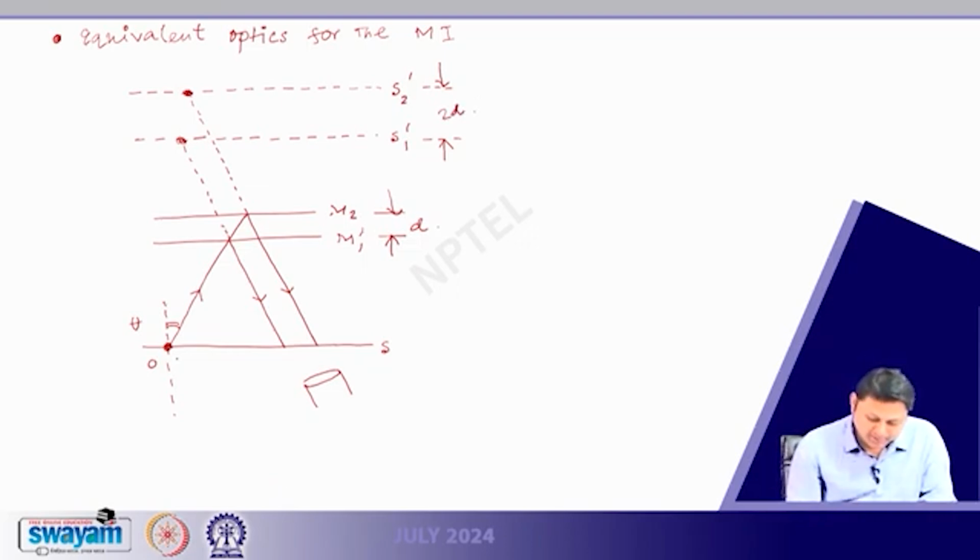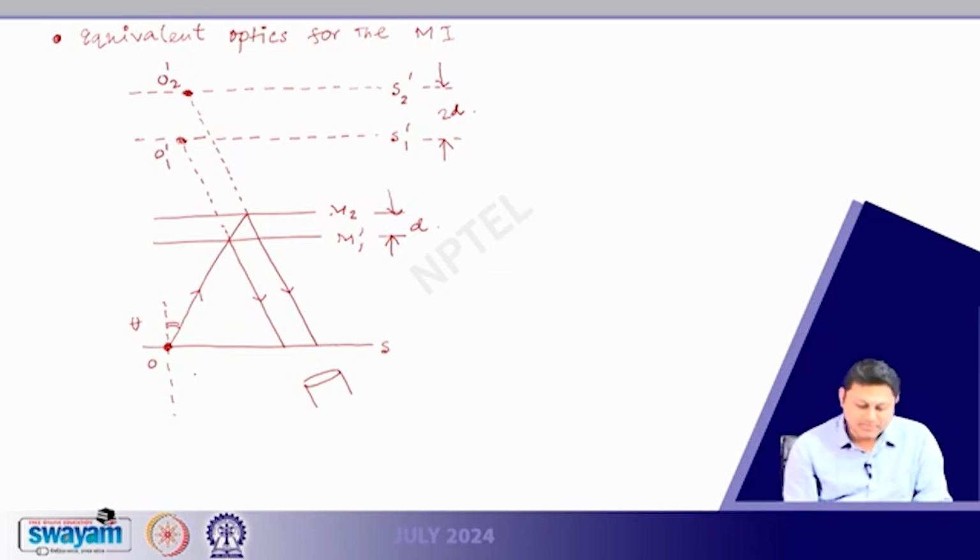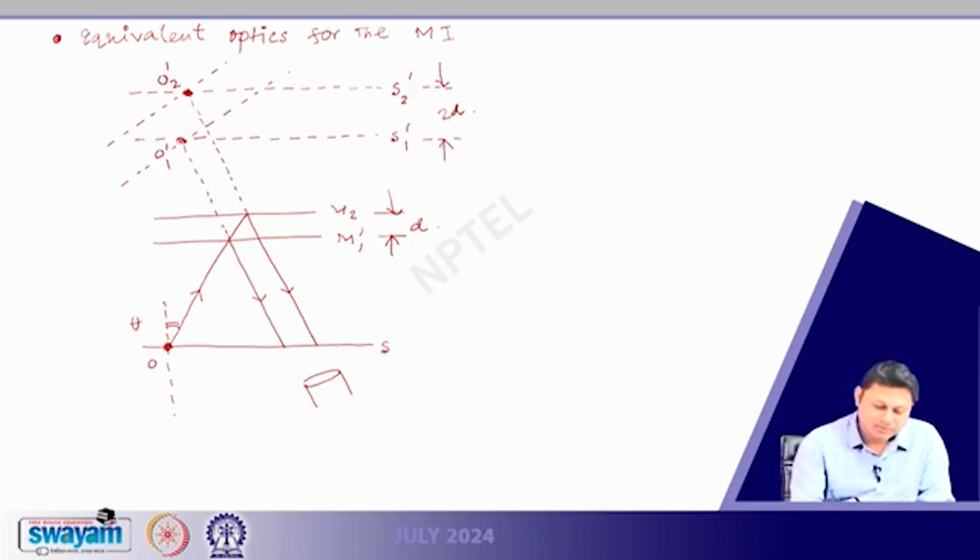Okay. Now, this angle is theta. So, if we say this is the point O2 prime and this is O1 prime, that is the image of this original point O, then we can see that these two virtual sources are not in the same point, but there is a path difference between these two, because they are in two different planes.